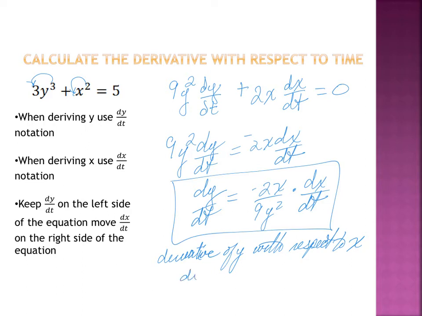So I would have dt over dx reciprocated times dy over dt equals negative 2x over 9y squared. Notice that my dt's cancel, and I get dy, the change in y with respect to x, dx is equal to negative 2x over 9y squared.